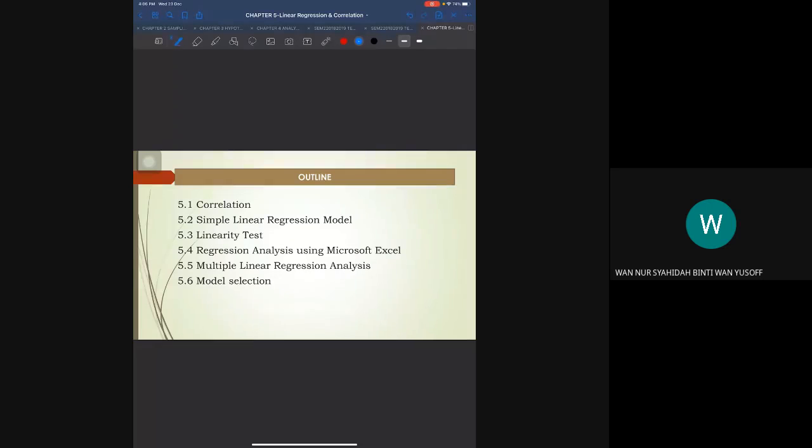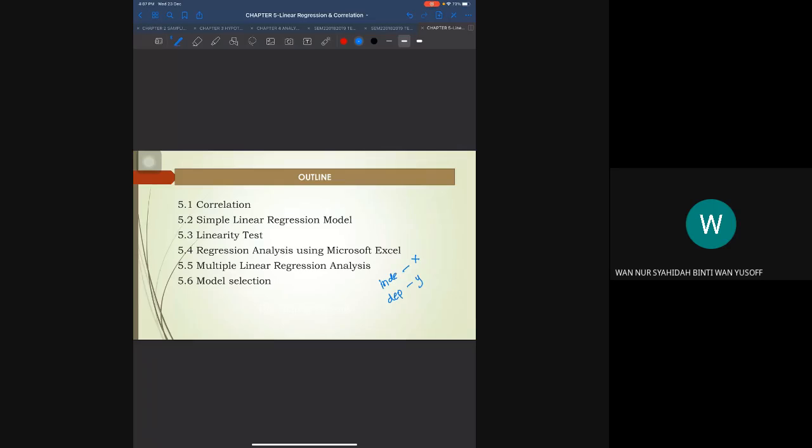One of the variables is the independent variable and another one is the dependent variable. Dependent is denoted by y and independent is denoted by x. Simple linear regression means that we have 2 variables, x and y.